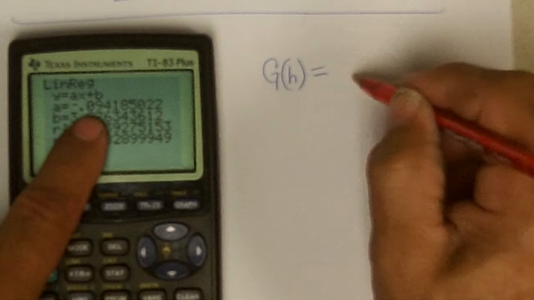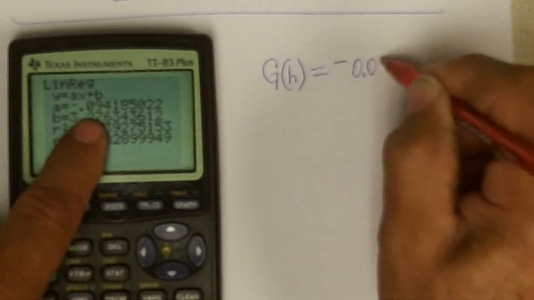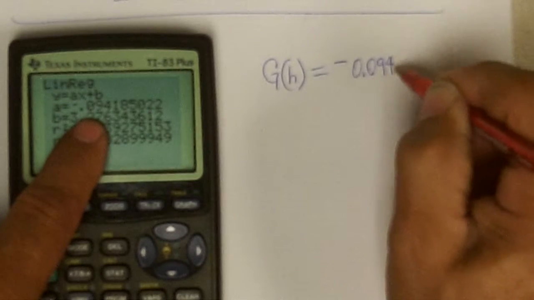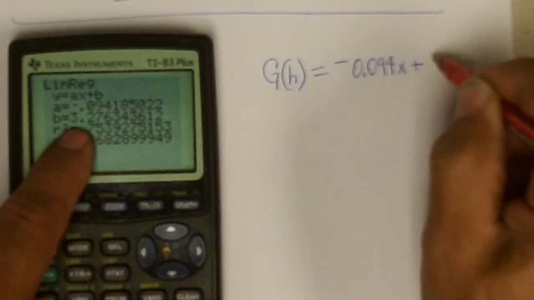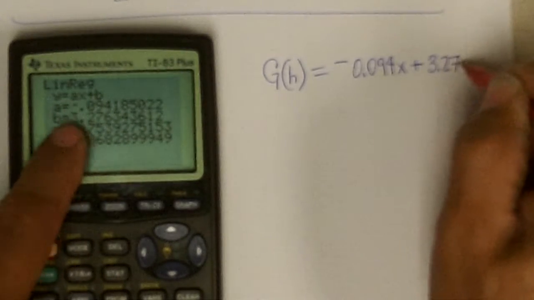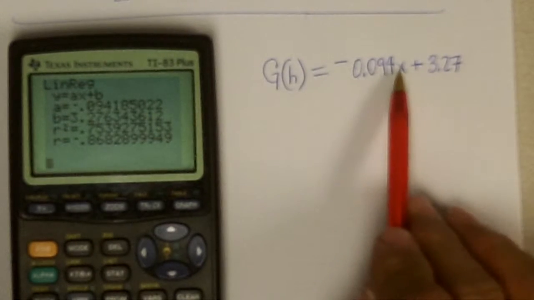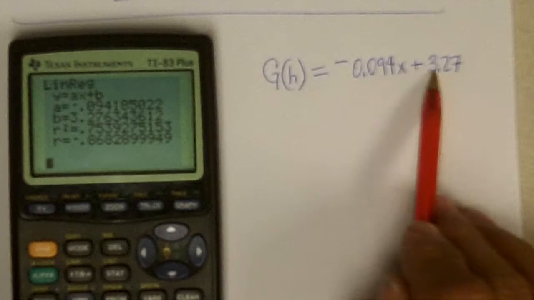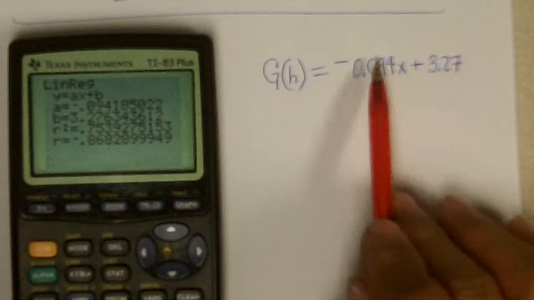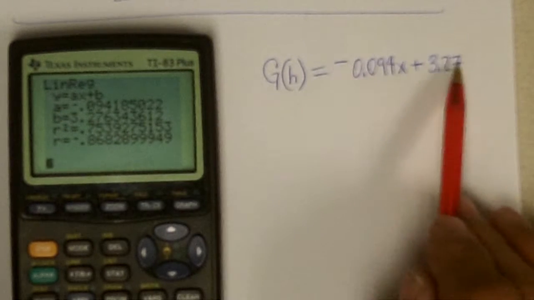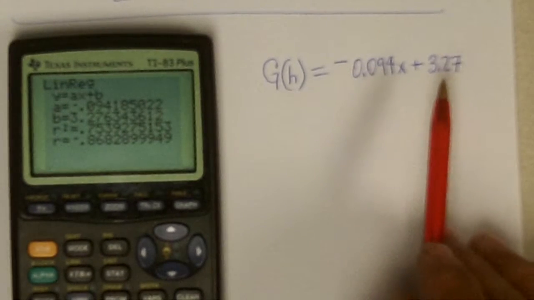It says negative 0.094x plus 3.27. Okay? What this is saying is that for 0 hours of playing video games, they get a grade point of 3.27. For 1 hour, it will go down 0.094. For 2 hours, it goes down twice that much, and 3 goes down 3 times that much.